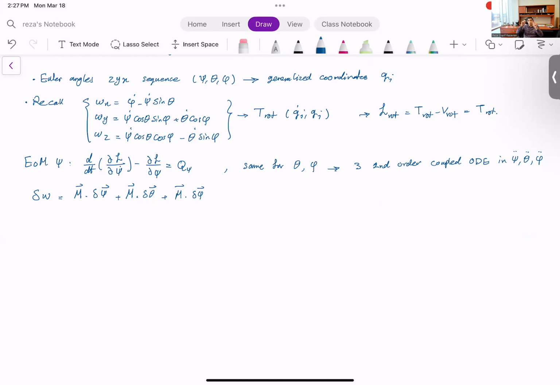If I move my body just a little, change the orientation a little, that would be the virtual work of the external moment M. I can write it as M dot delta psi, the vector, which is some vector with the magnitude delta psi along the direction of my axis of rotation, which in this case is Ez.